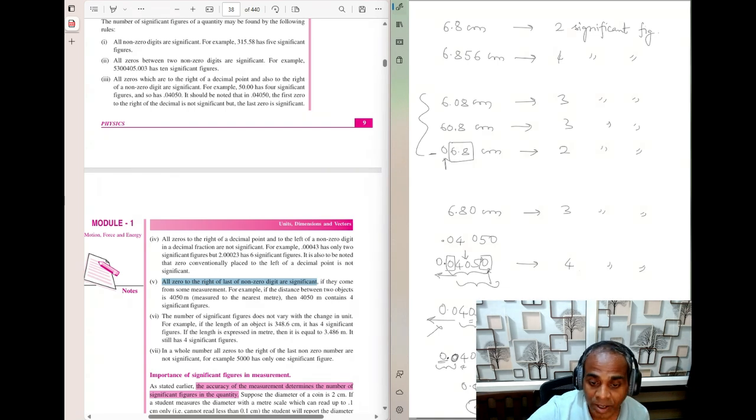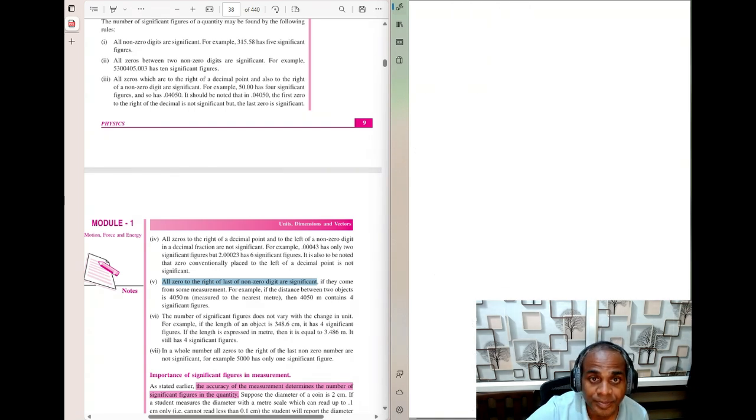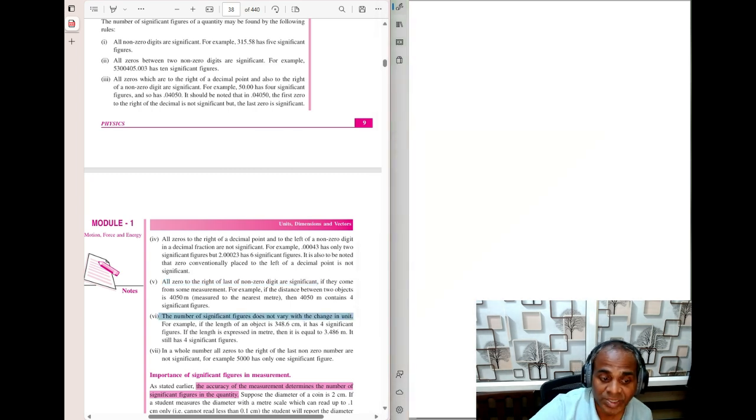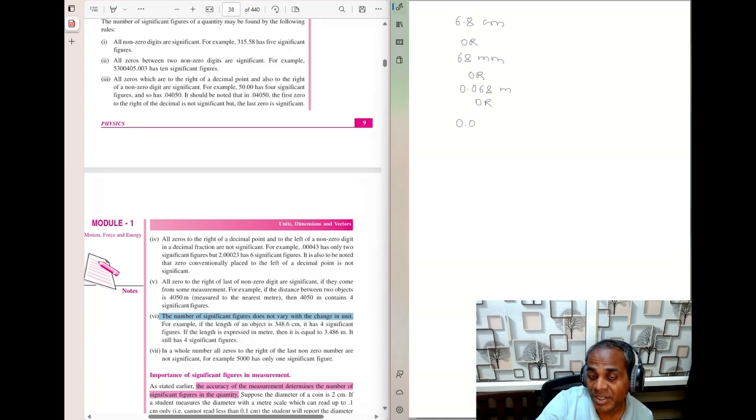Now rule number 6 says the number of significant figures does not vary with the change in unit. Very important. For example, if the length of an object is, let us say, 6.8 centimeters, the same can be written as 68 millimeters, or the same can be written as 0.068 meters, or the same can be written as 0.068 divided by 1000.